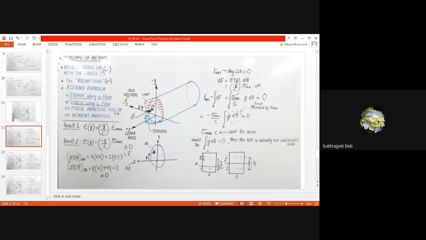Now, if it is a rectangular section, where will be the position of its center of mass? In the middle. If the length is 3, it is 1.5 and 1.5, that is L by 2. One more thing: if you consider a point or distance above this line, you consider it positive, and if the distance is below, it is negative.